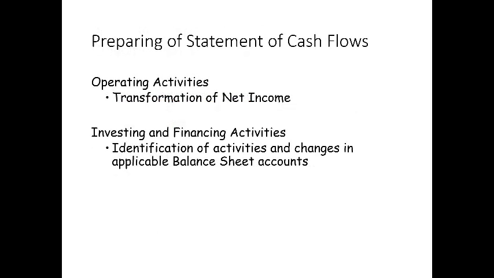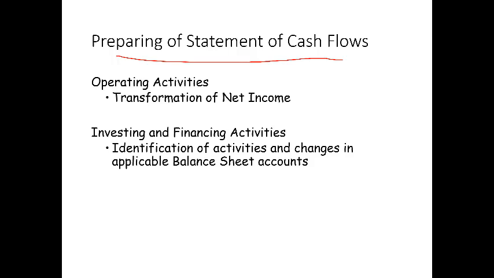As far as different types of preparation, how do you prepare a statement of cash flows? With operating activities, we're going to start with net income, and we're going to transform it into cash flows from operations. We'll get into what that means.